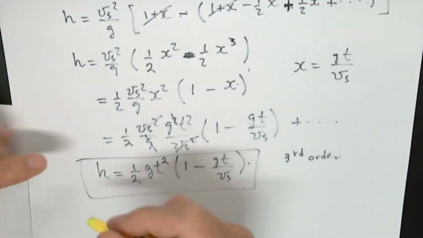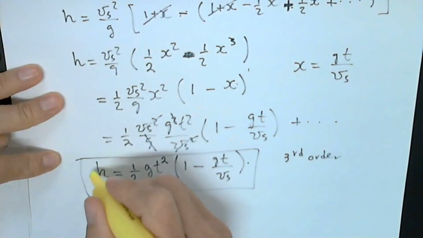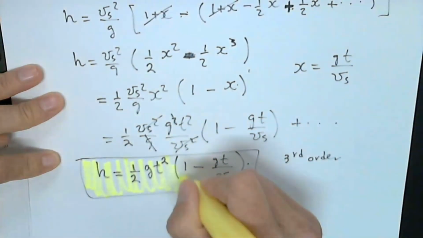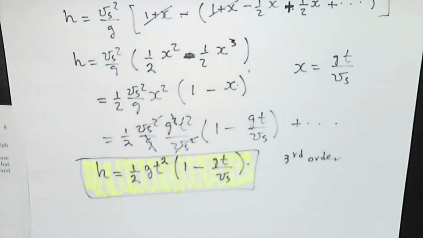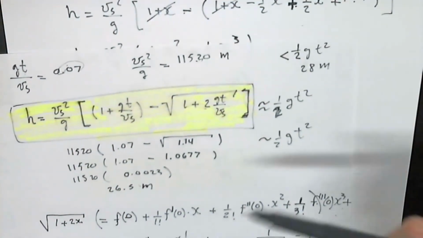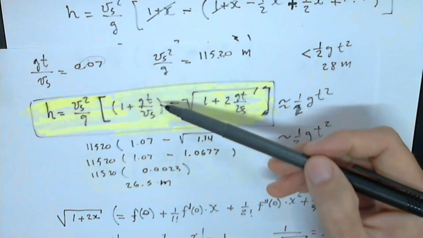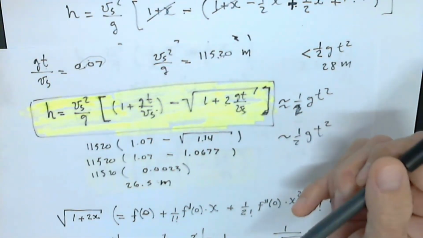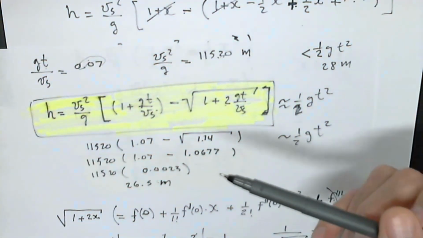And that's how it makes sense. Physically speaking, you have the speed of sound as a factor out to 1/2 gt squared. So compare this with this. It's very hard to understand how this is an approximation of 1/2 gt squared.